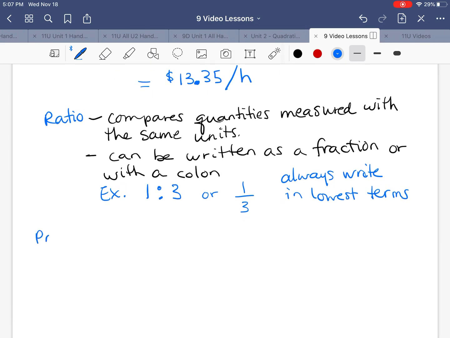Now, if we're talking about a proportion, this is a statement that 2 ratios are equal.